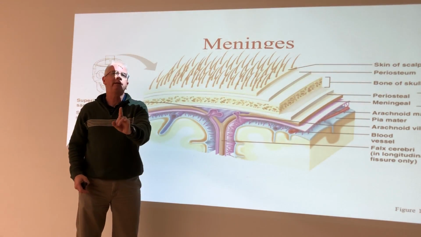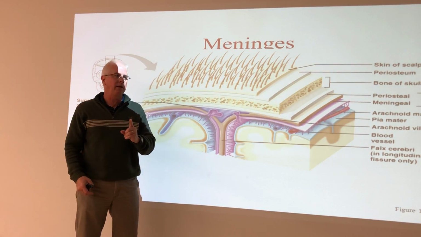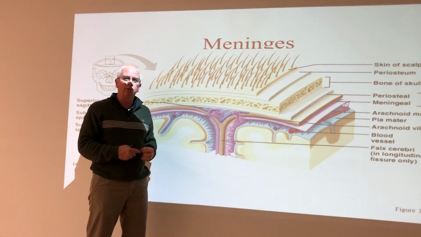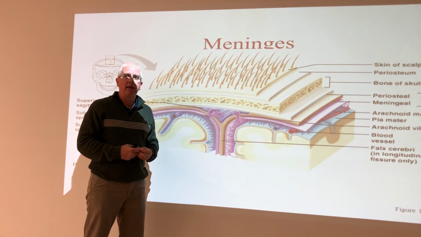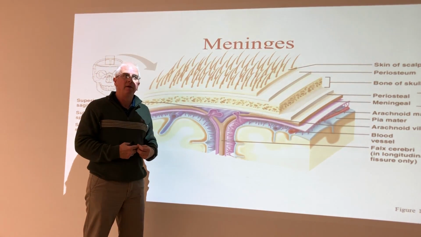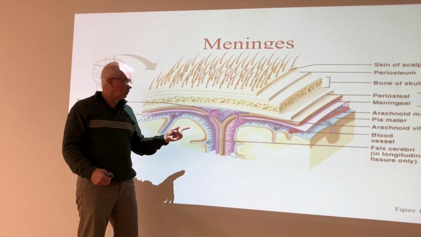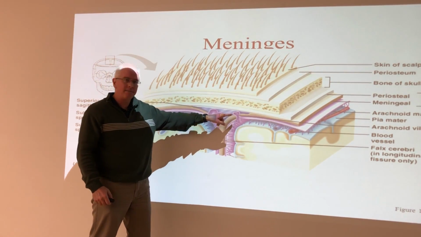Now, I'm going to emphasize to you the importance of this location as a place where cerebrospinal fluid is drained. So, as it turns out, we have fluid on our brains and in our brains. And I would like for you to know where it comes from, how it gets there, and how it gets out. The end of that story is here. Do you see these little arachnoid villi?